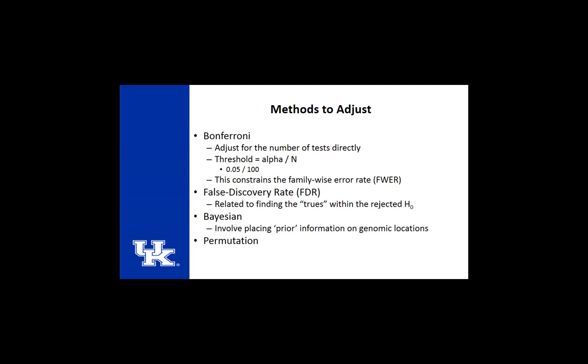Bayesian flavors, I said I'd just touch frequentist stuff, but for those that are familiar with a Bayesian paradigm, we can throw informative priors. In the Bayesian framework, we have a prior distribution, we have a posterior distribution given data, and we can place information, and we'll talk a little bit about annotation tomorrow, where you can upweight variants that are potentially amino acid changing or have downstream functionality of some sort.